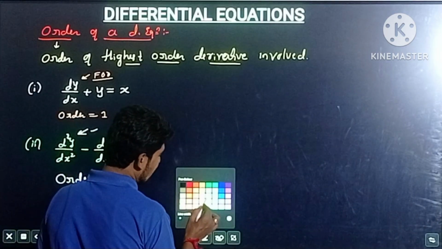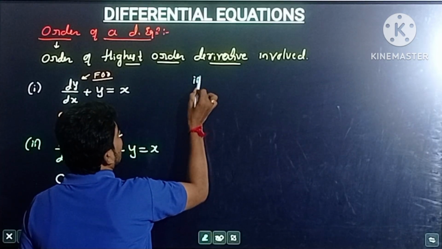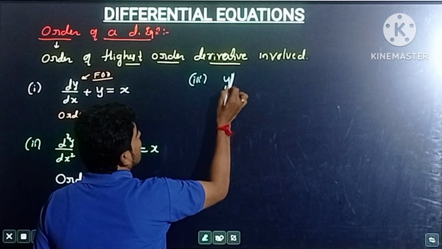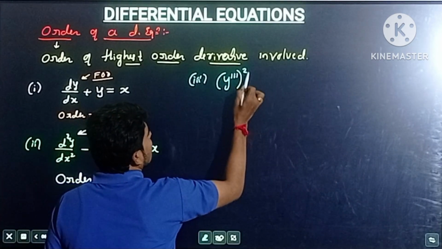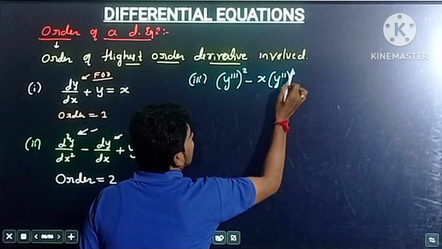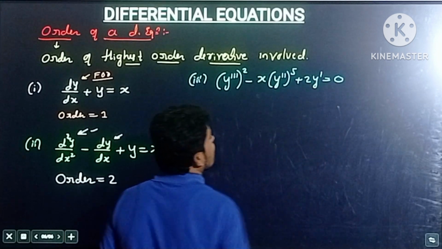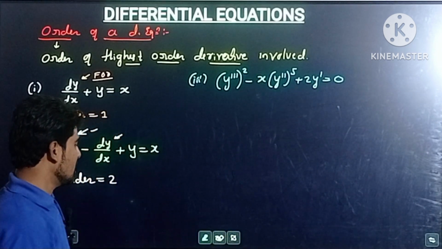Let us consider one more example. See here, third one: (y''')² − x(y'')⁵ + 2y' = 0. Now observe this differential equation.